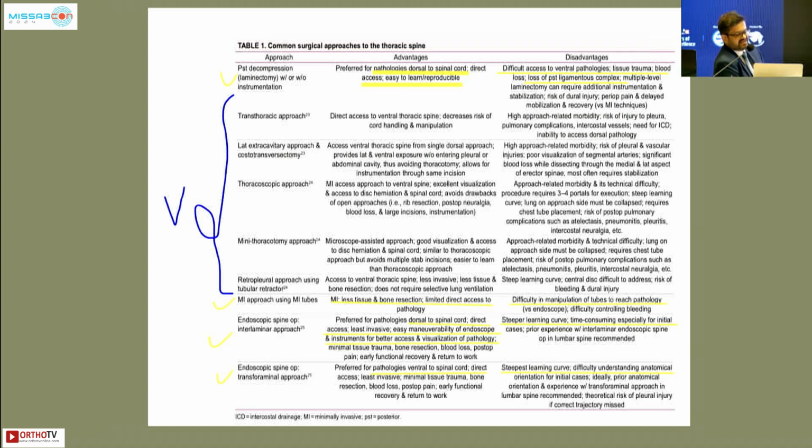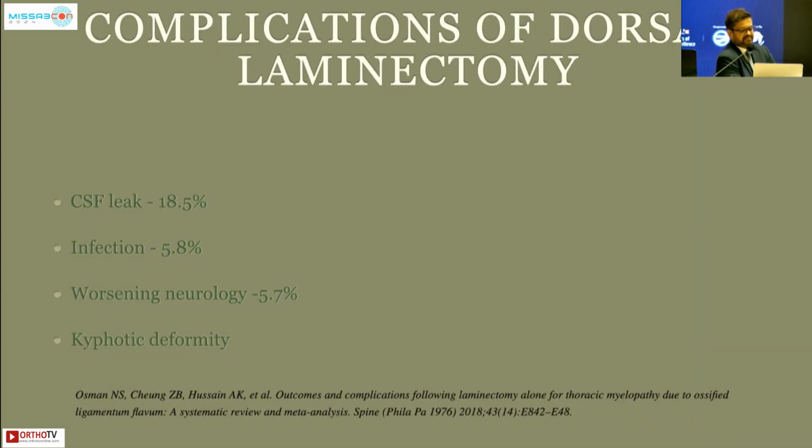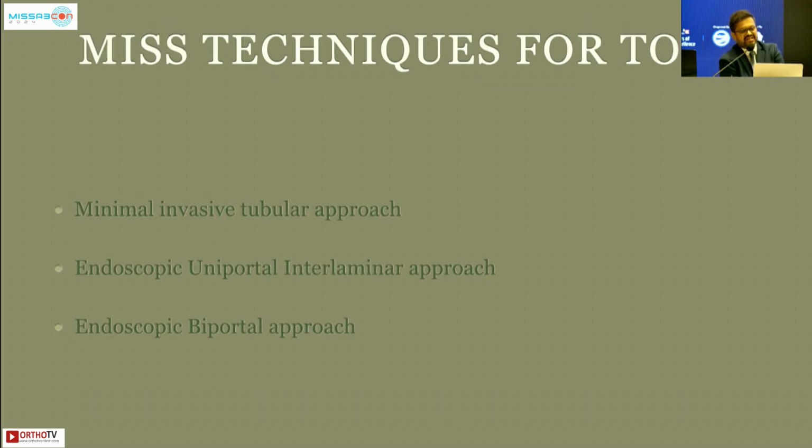The disadvantage is the steep learning curve. Complications: CSF leak about 18%, infections about 5%, worsening neurology about 5%, and kyphotic deformity, especially in open cases. Now the MIS techniques for TOLF are minimally invasive tubular approaches, endoscopic uniportal interlaminar, or an endoscopic biportal approach.